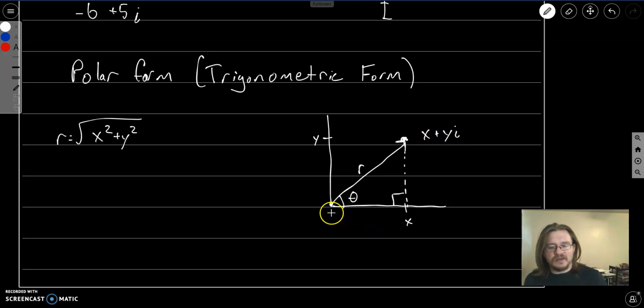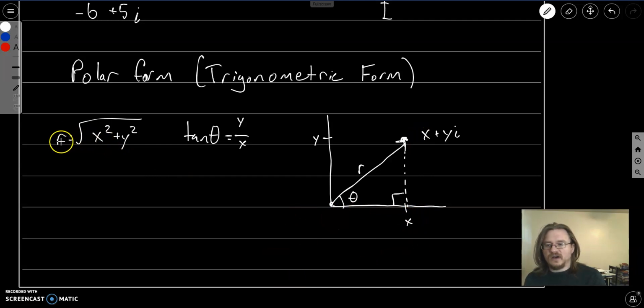Again, this length is x, this length is y. So if I take the tangent of that angle, it's going to be the opposite, which is y, divided by the adjacent, which is x. So I can solve for these guys quite easily as well.